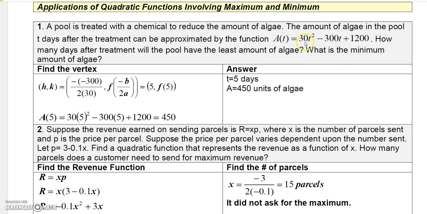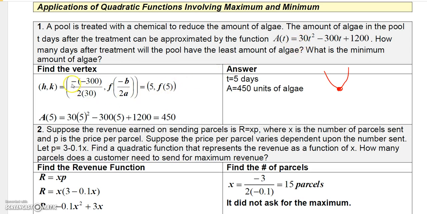So actually here we know that this is a quadratic function that opens upward. So we know it's going to look something like that, and therefore it'll have a minimum right here at the vertex. So to find that minimum, all I have to do is use the vertex formula, and we know that B is negative 300 and A is 30.